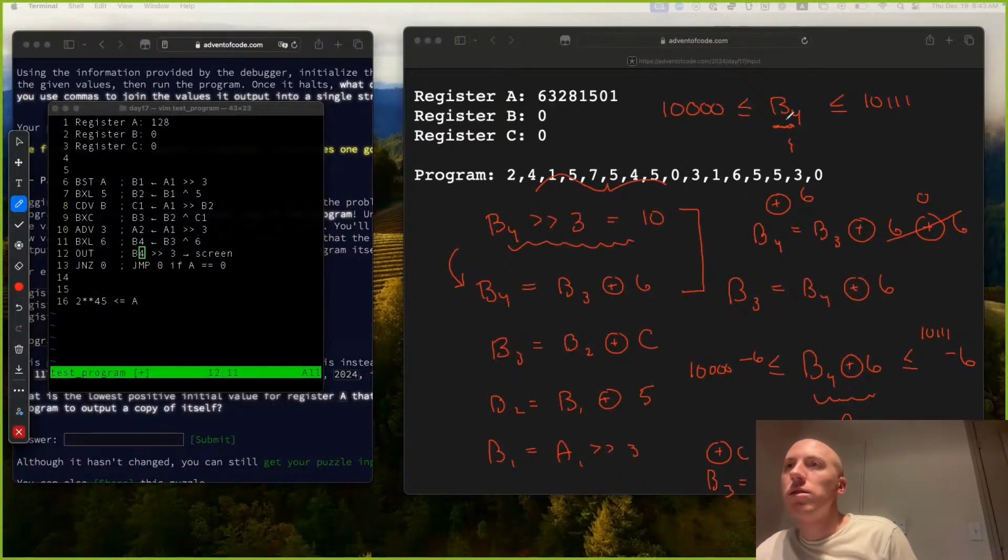So we had this, and then if you just take B4, oh, okay, no, we're good.